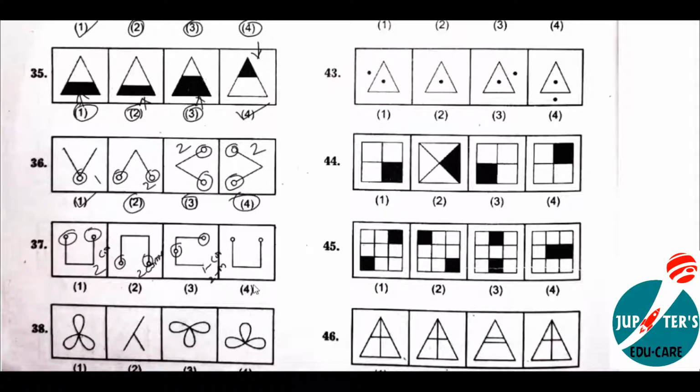And in option 4 we have two circles at the corner. So in option 1, option 2, option 4, we are having two circles at the corners only. But in case of option 3, one circle is at the corner and the other circle is in the middle. So option 3 is our answer.